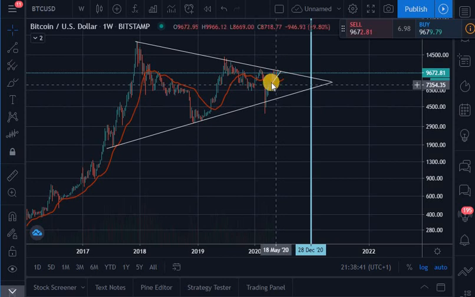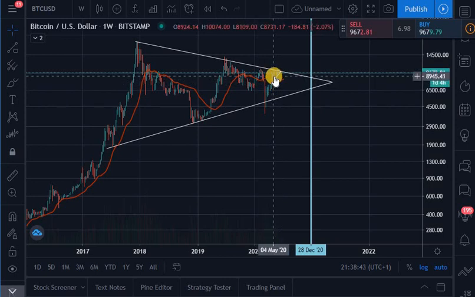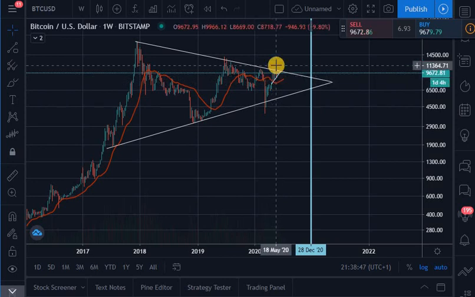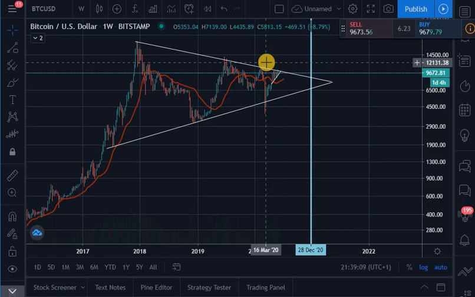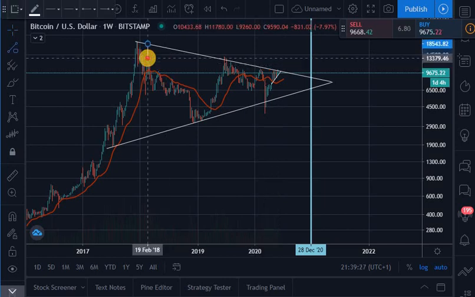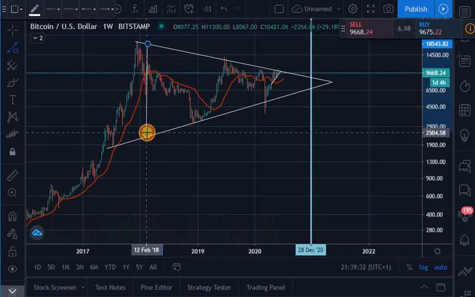Now if the price tends to break on the shorter term, as I just showed you, to the price target of 11,800, if the price tends to break this resistance by going to this level 11,800, then this pattern becomes valid. Now to calculate the price targets of a symmetrical triangle, you draw a line from the downward sloping resistance to the upward support.